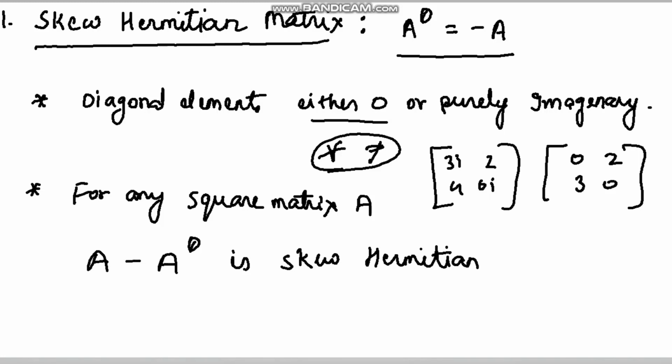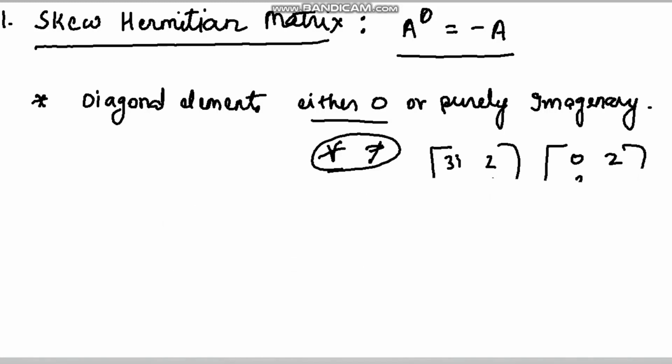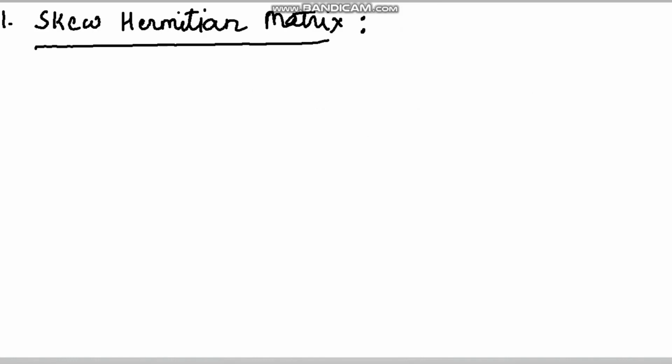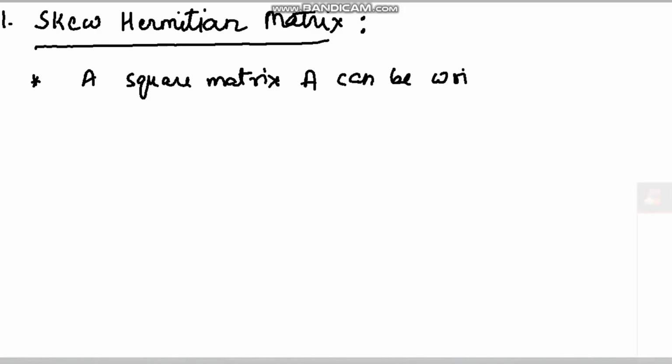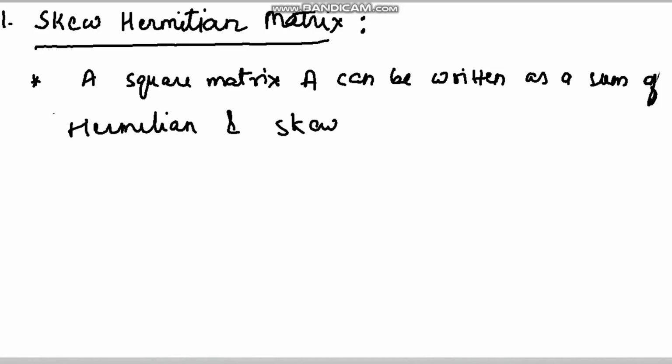Okay friends, now we understood what a Hermitian and a skew Hermitian matrix are. So a given square matrix A can be written as a sum of a Hermitian and a skew Hermitian matrix.